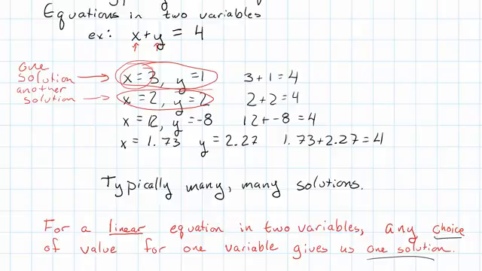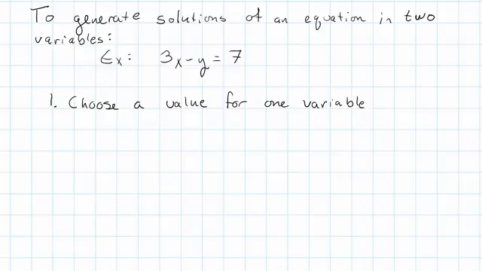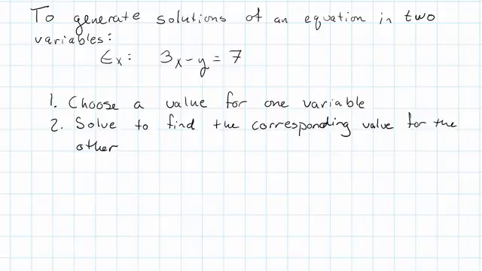How do we find those solutions? Let's use as our example the equation 3x minus y equals 7. To generate solutions to an equation, we just first choose a value for one variable and then solve to find the corresponding value for the other.